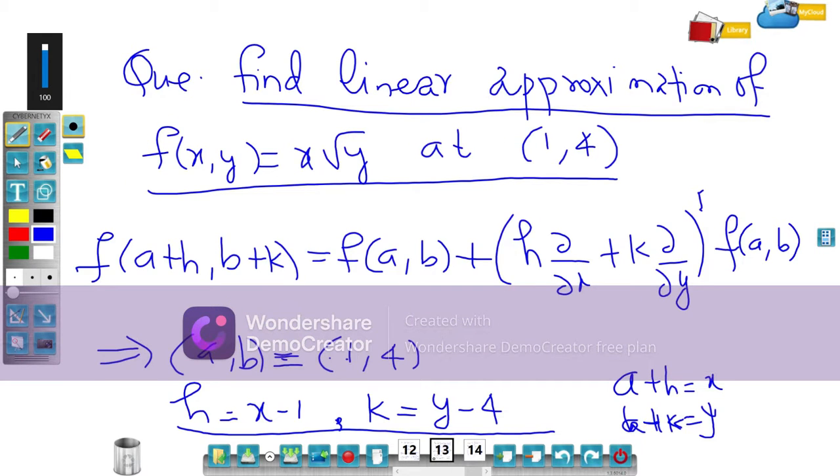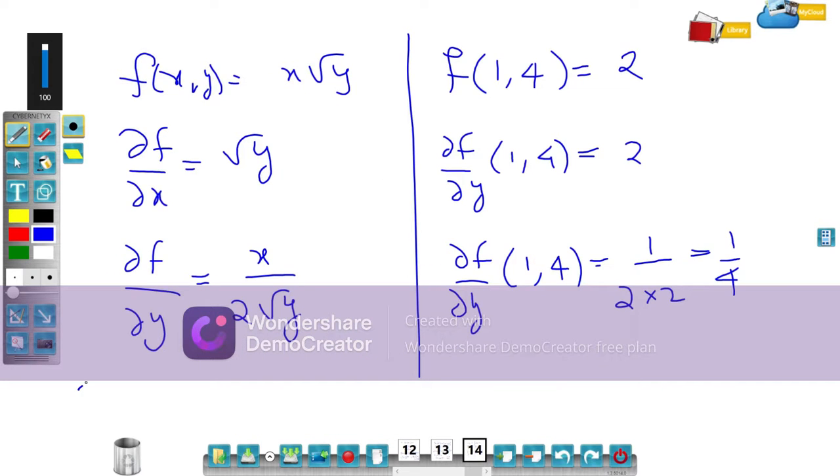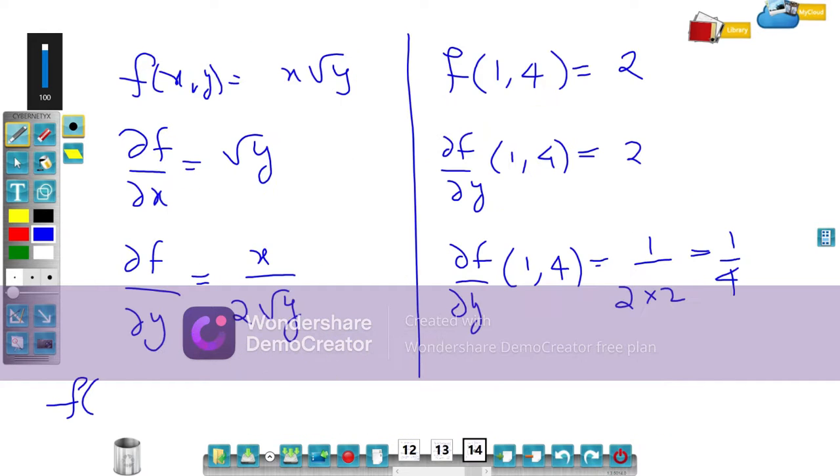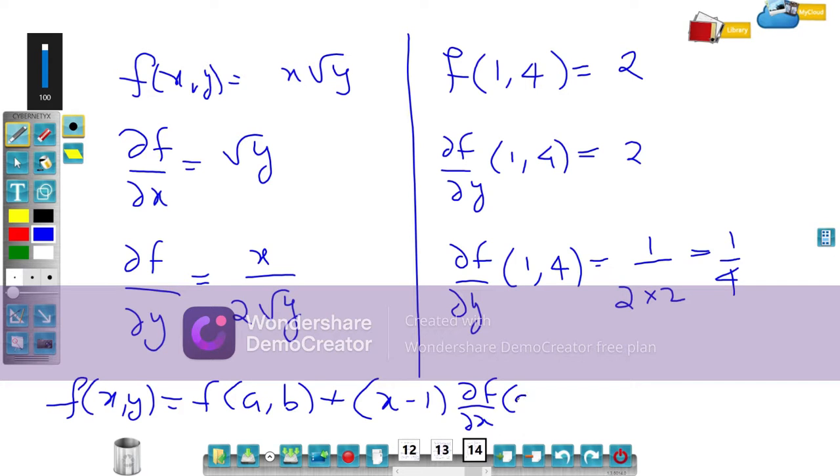So let's substitute in the formula. What I will get is as follows. So a plus h is x and b plus k is y. So here f(x, y) is equal to f at (a, b) plus, instead of h I will write x minus 1, ∂f/∂x evaluated at (1, 4), plus y minus 4, ∂f/∂y evaluated at (1, 4).